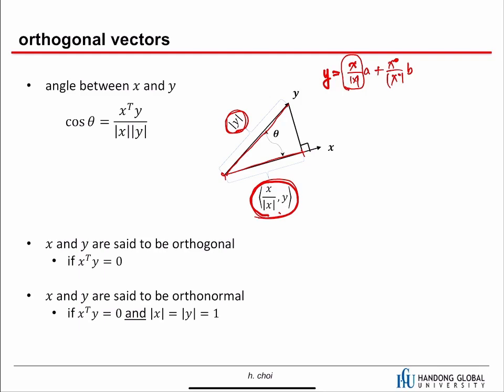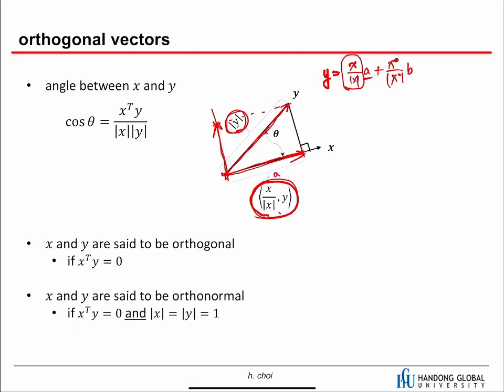So this one is a vector in the same direction as x, but the length of this one is 1. Okay. So this a is corresponding to this length, because y can be decomposed into two orthogonal vectors. So this one plus this one will be y. Okay.